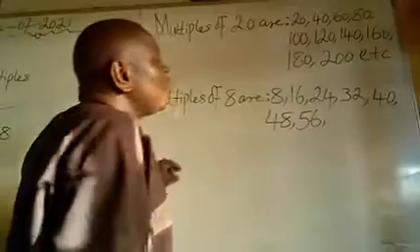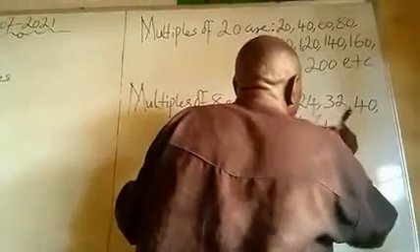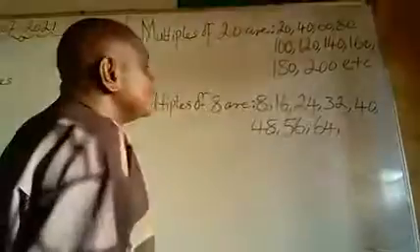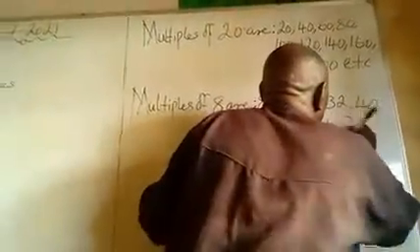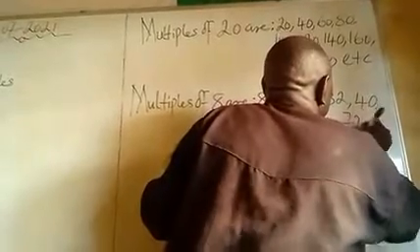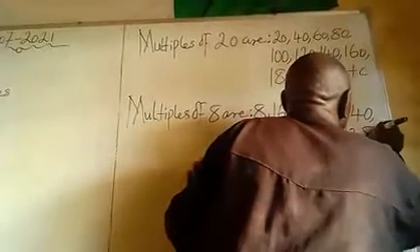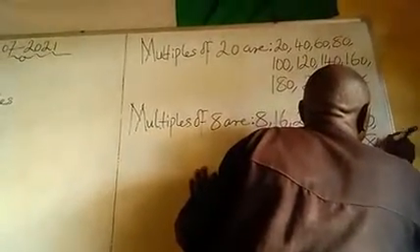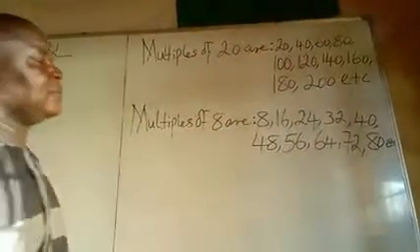When you add 8 to this 56, you will have 64. When you add 8 to this 64, you will have 72. When you add 8 to this 72, you will have 80. Etc.